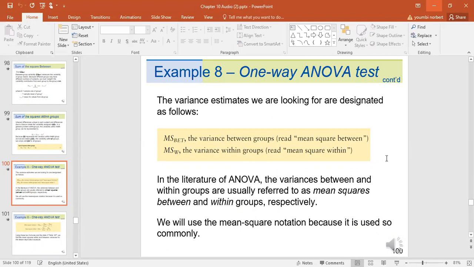So ANOVA is going to check if these samples come from the same population, then the mean sum of the square between and the mean sum of the square within are going to be the same. Essentially, we are saying that if they were sampled from the same population, the way by which we get the sum of the square will not be different.